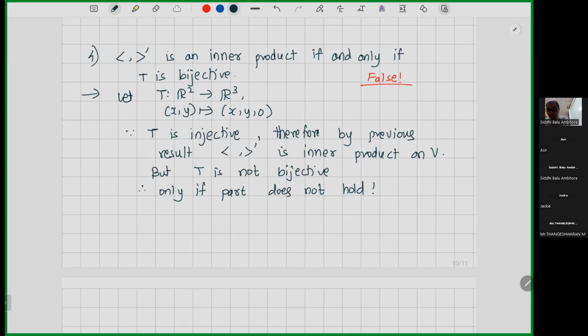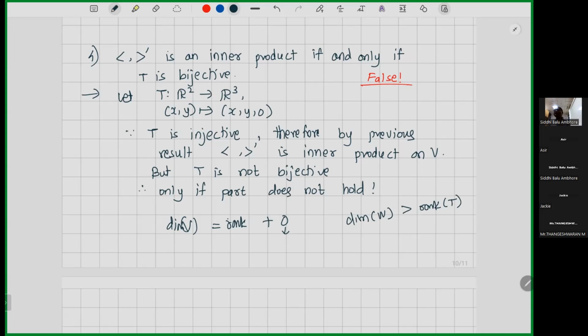The dimension of V is equal to rank plus nullity, so the image will have the same rank as the dimension of V, but the nullity will be 0. So the map becomes injective but not surjective, because the dimension of W is strictly greater than the rank of T. And this will give us a non-surjective map.